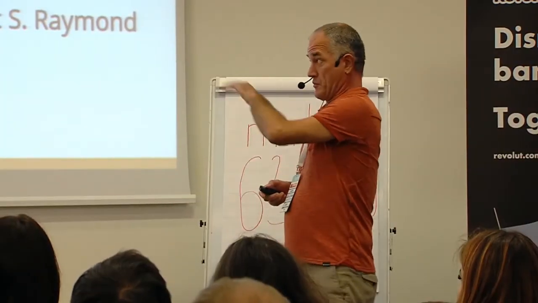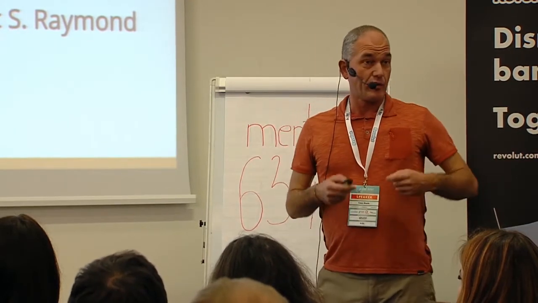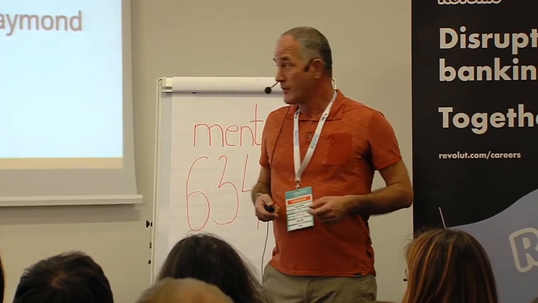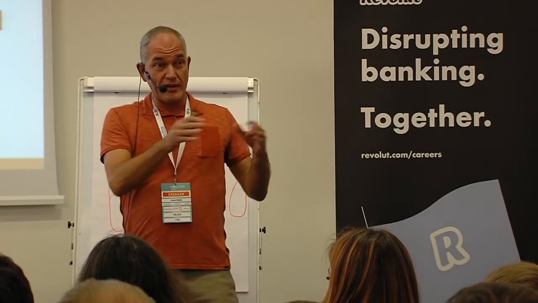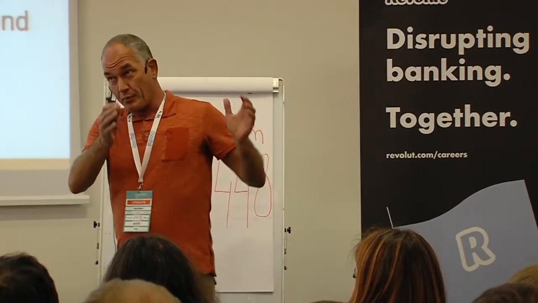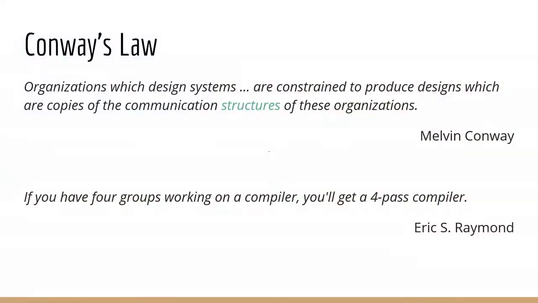Okay, more concrete. If you have 4 groups working on a compiler, you will get a 4-pass compiler. This is from Eric Raymond, meaning all 4 groups will say, we create our own pass. We create our own piece of the flow of compilation, because that we can control. Then we can be autonomous.